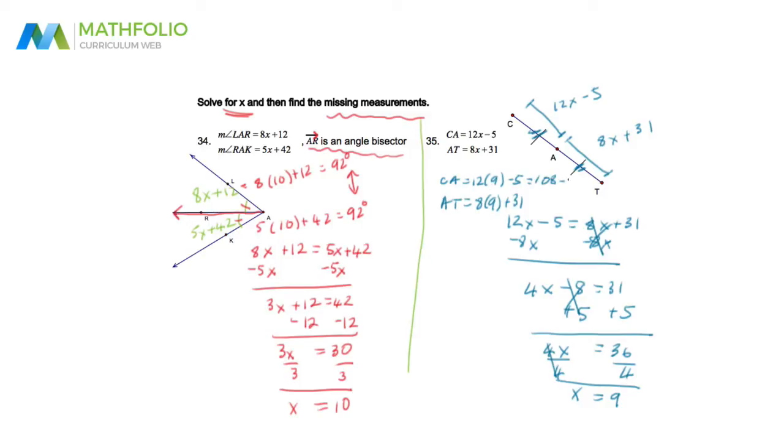But then we've got to make sure we minus the 5, so that gives us an answer of 103. Next one, 8 times 9 is 72, and then 72 plus 31 also gives us 103, which we would expect because these segments were congruent to each other.